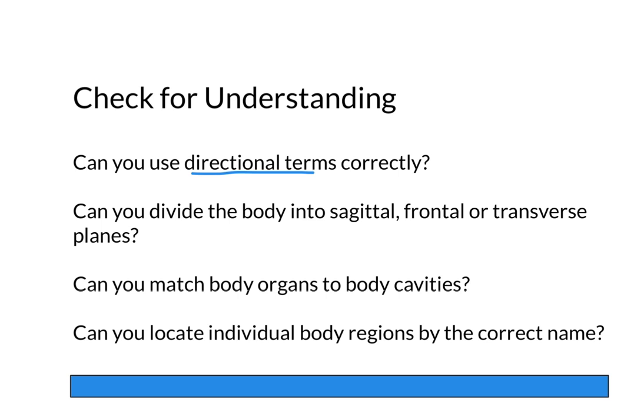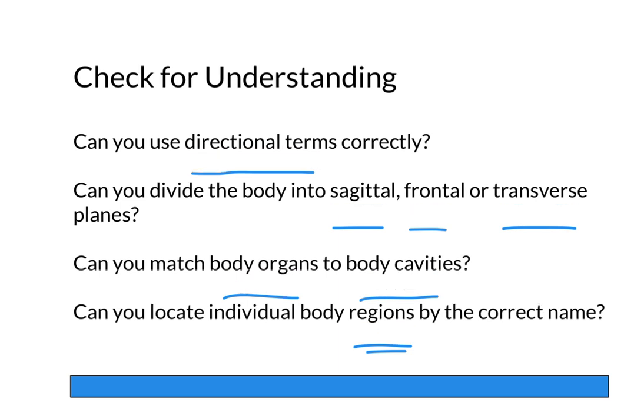Can you divide the human body into the different planes, whether it be sagittal, frontal, or transverse? Can you match body organs to the correct body cavity? Which cavity is the heart found in? The brain, the bladder? And can you locate individual body regions by the correct medical term? If your notes are lacking in any of these areas, go back and review those parts of the video because you will need to know this for the quiz.